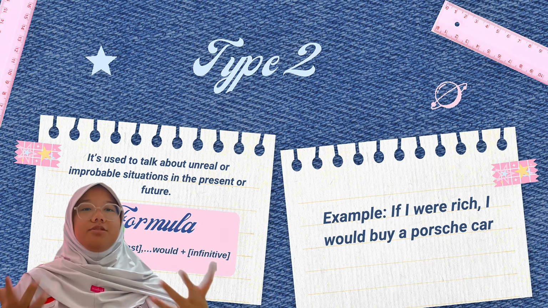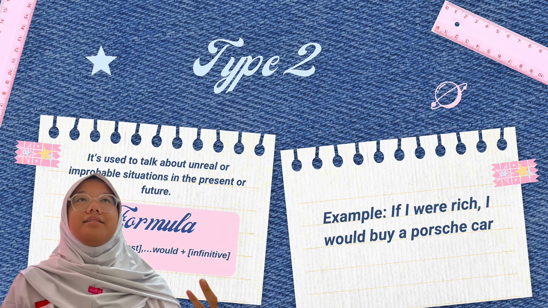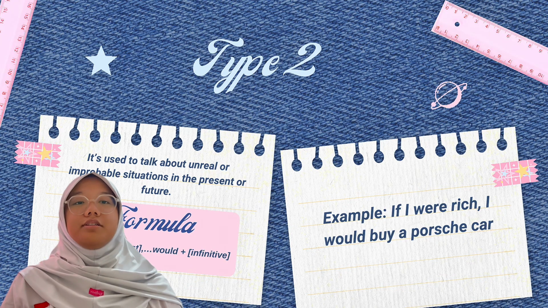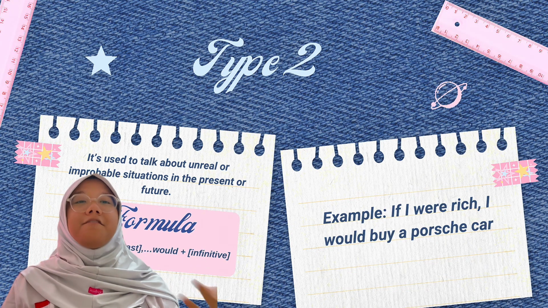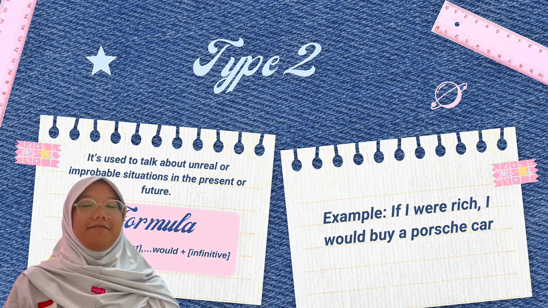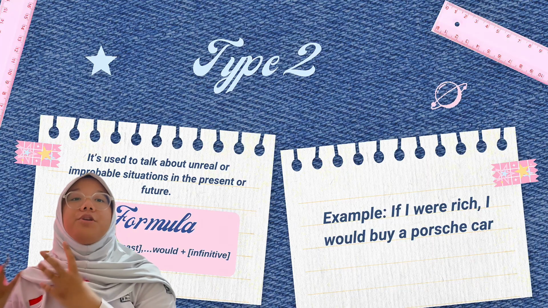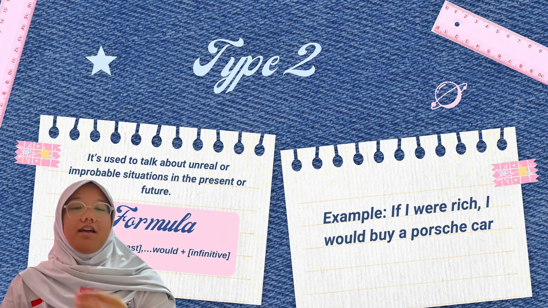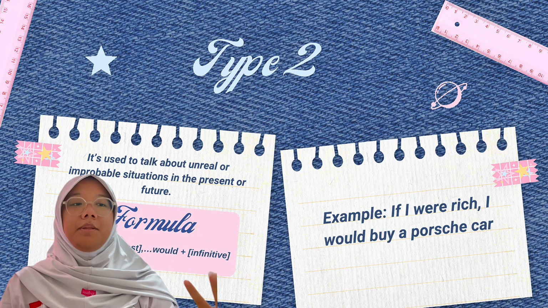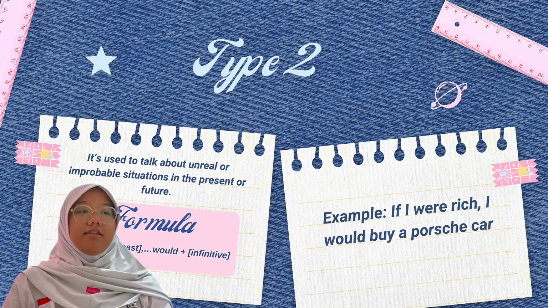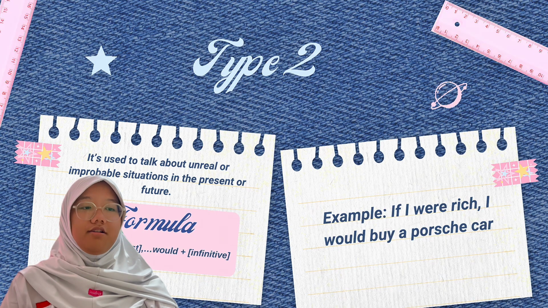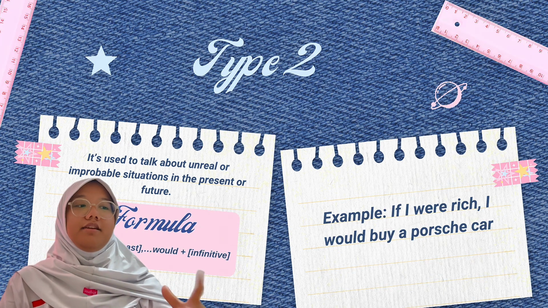The sentence is an unreal situation that will never happen in our life. The condition is if I were rich, using simple past, and the result, I would buy a Porsche car, would plus infinitive.